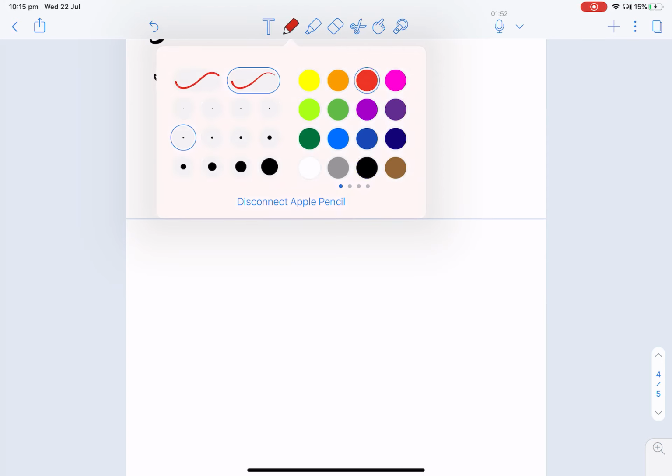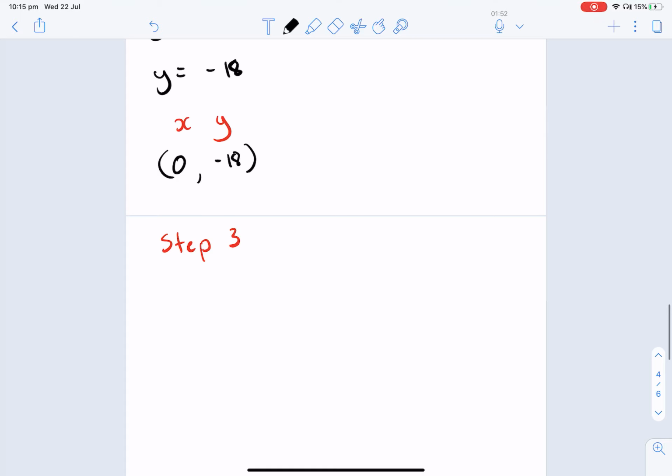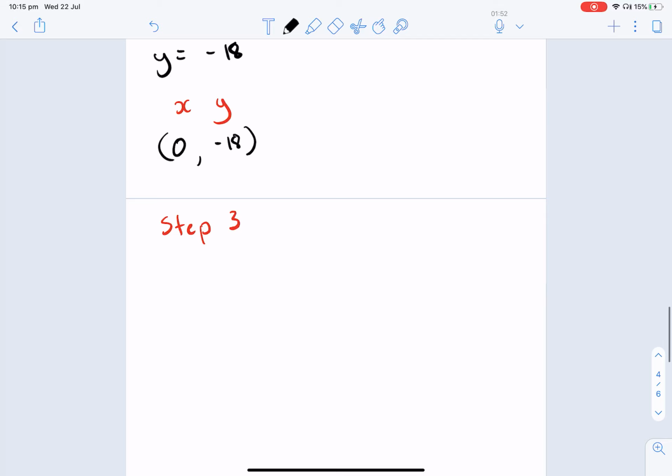Step 3, guys, is finding our turning point. Now, last time we used the formula for finding our turning point if we have our x coordinates.